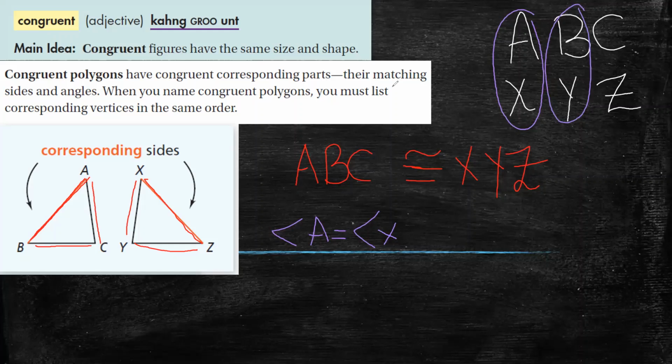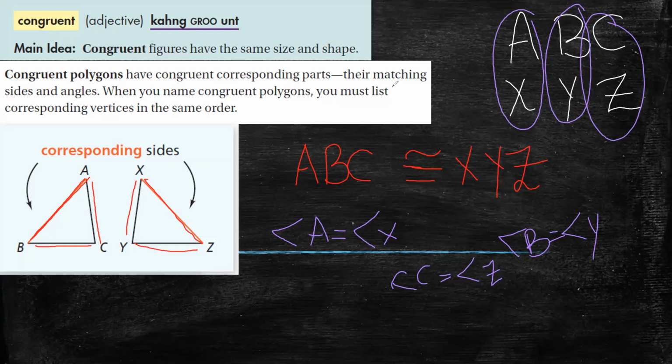They are under each other. Order them, line them up under each other. So angle B will be congruent with angle Y, and angle C will be congruent with angle Z. Just write them under each other. This is for the angles.